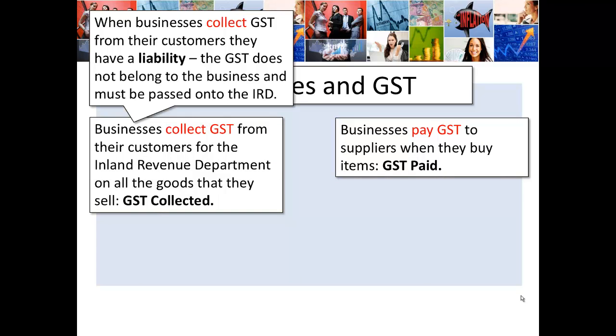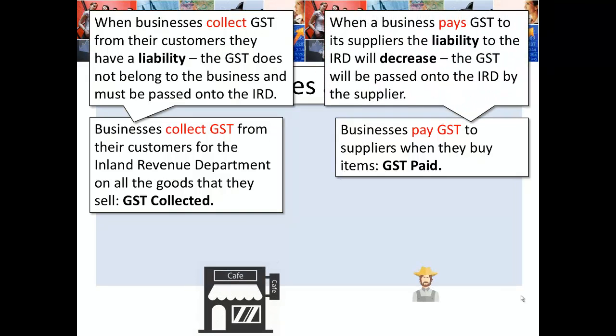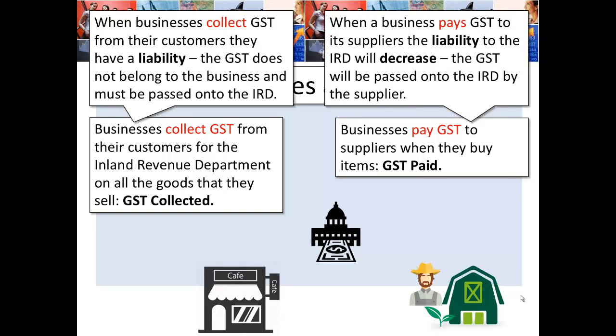Now, businesses pay GST to their suppliers when they buy items, and this is called GST paid. And when a business pays GST to its suppliers, the liability to the IRD is going to decrease. The GST will be passed on to the IRD by the supplier.